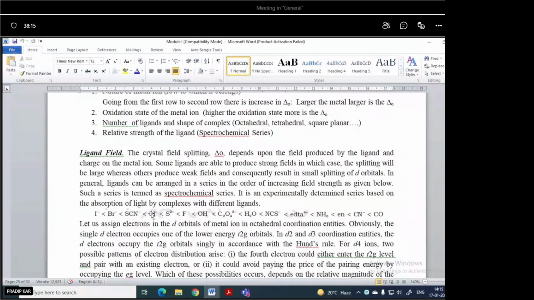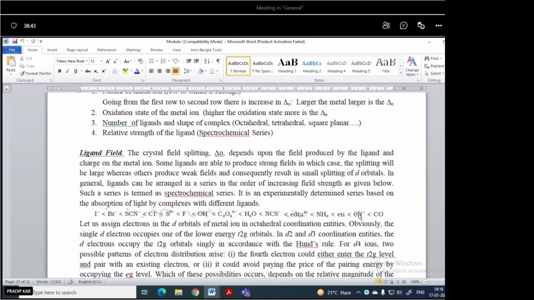Here you can see that CO is a very strong field ligand, then CN minus, then en, then NH3. Like this, you can see the spectrochemical series as per the strength of the ligand. Okay.